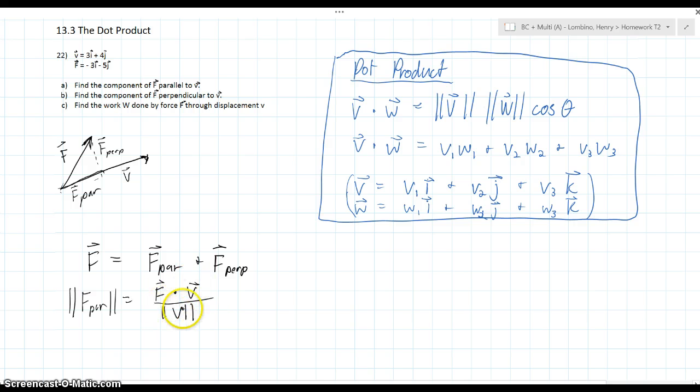So these are the two truths that we need to know.